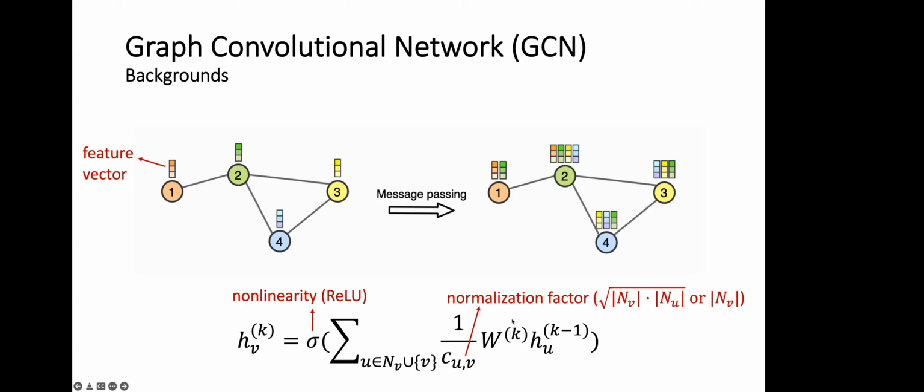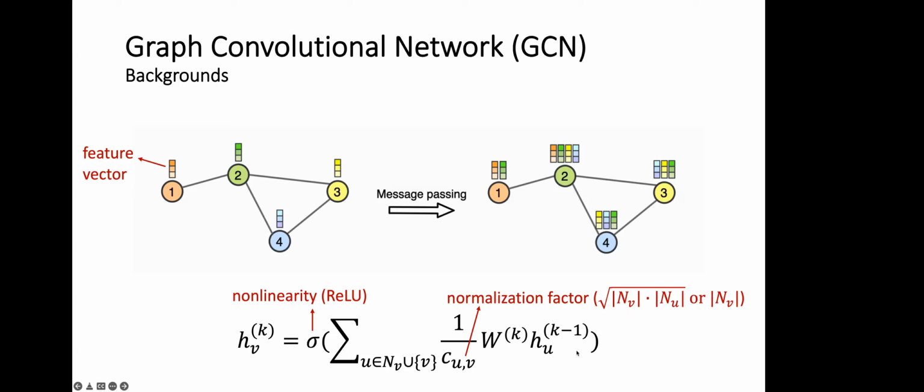CUV is the normalization factor, which we often set to be the square root of NV multiplied by NU, or the absolute value of NV. And WK here is the shared weight matrix in the kth layer.